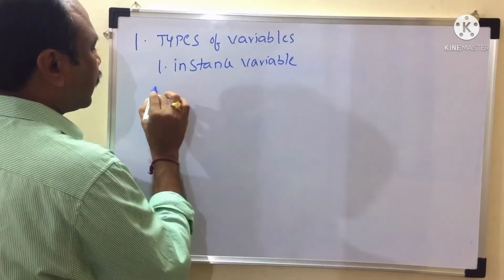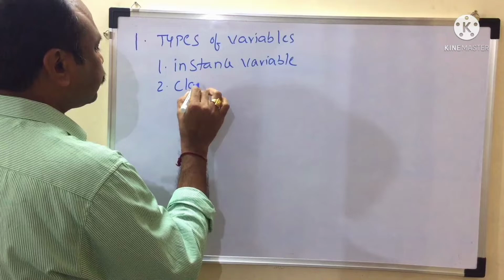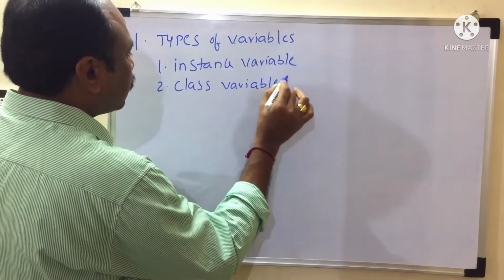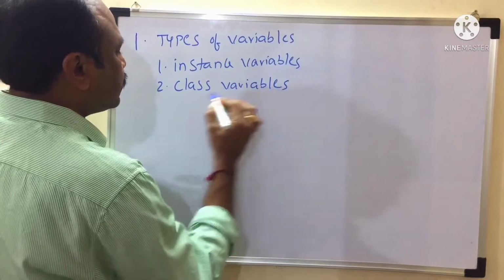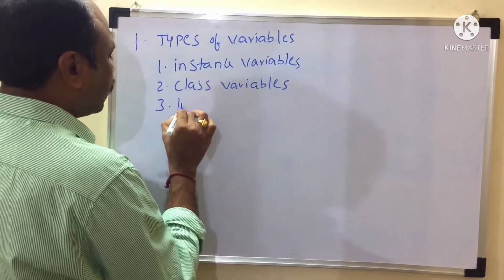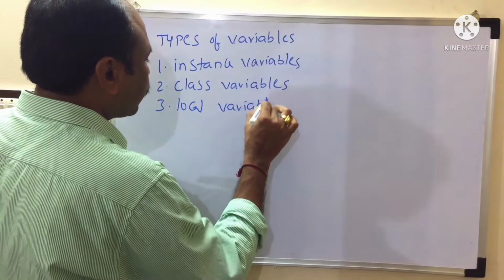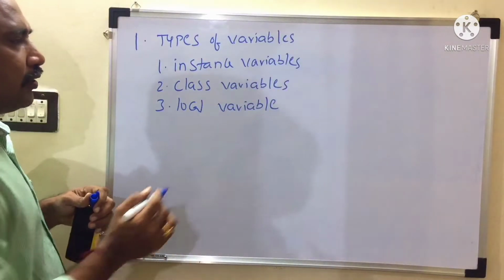Number two, class variables. The third one is local variables.